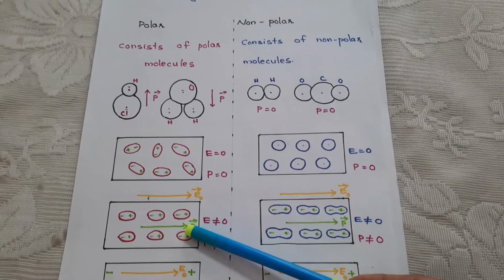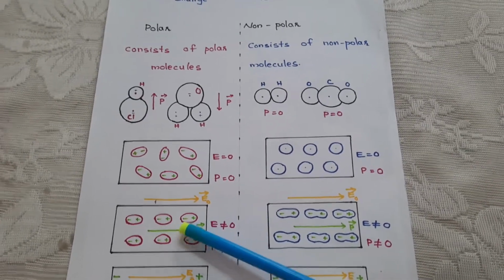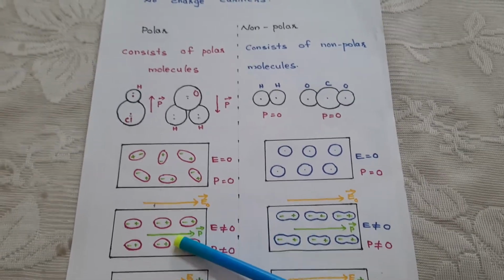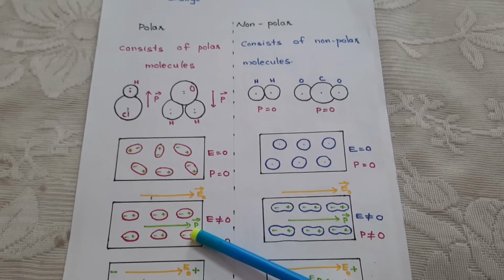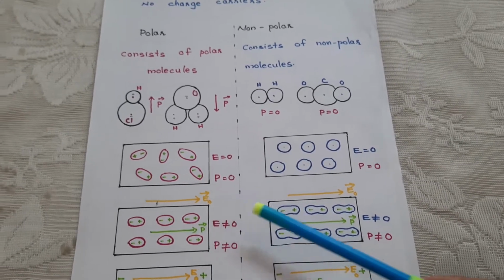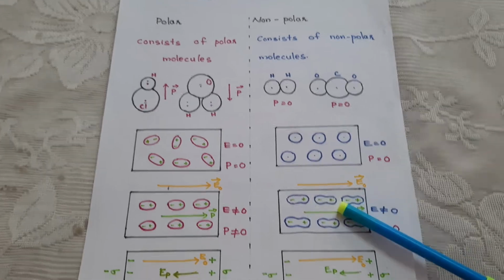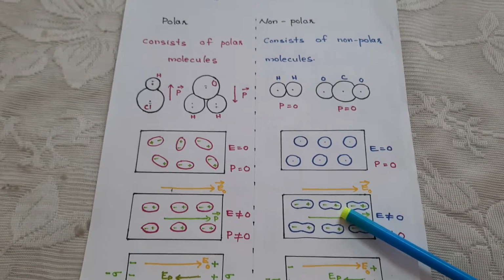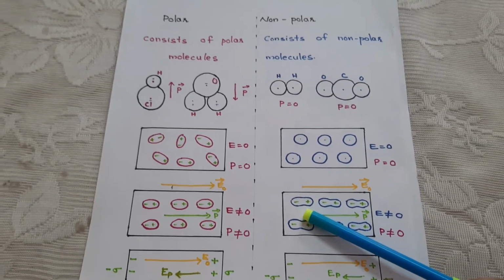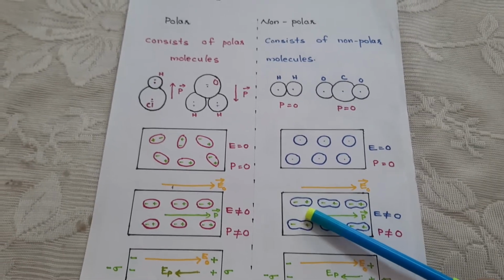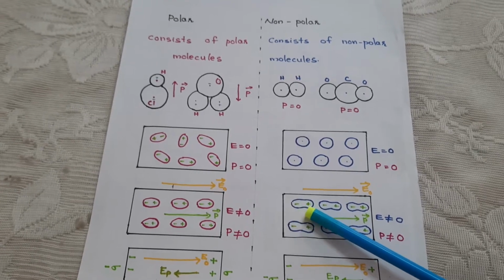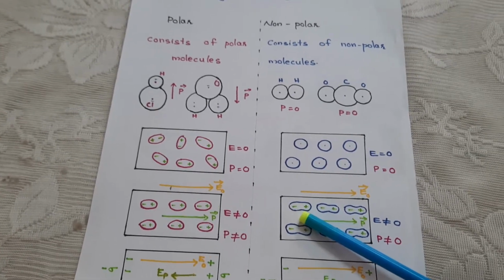In the case of polar dielectric, the dipoles get aligned in the direction of external field and thus develops a dipole moment in the direction of external field. In the case of nonpolar dielectric, the molecule becomes a dipole as the centers of positive and negative charges get displaced.